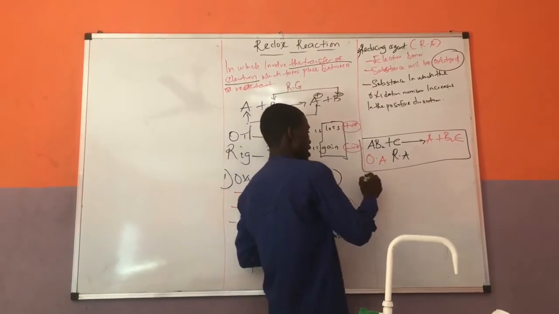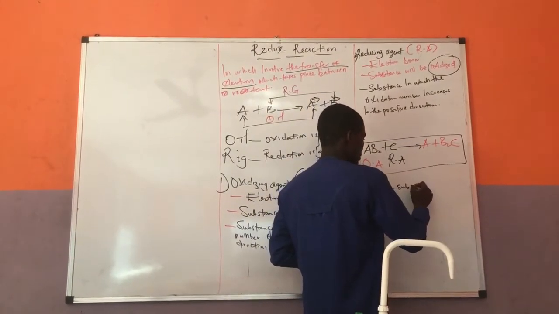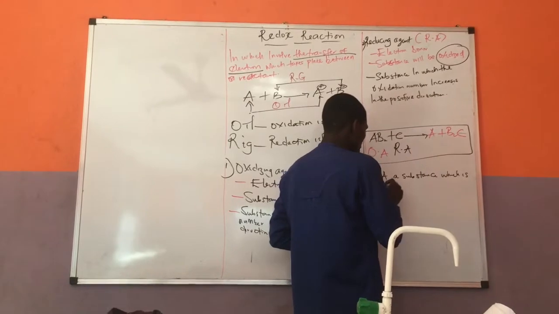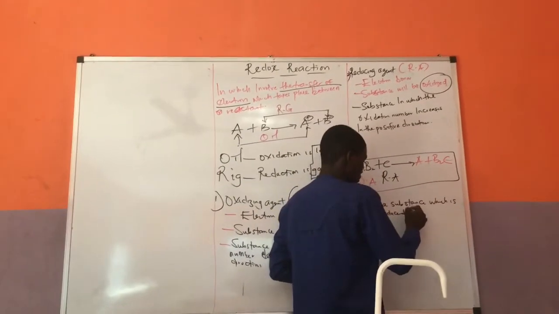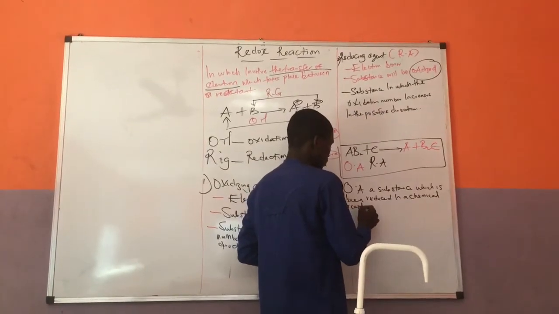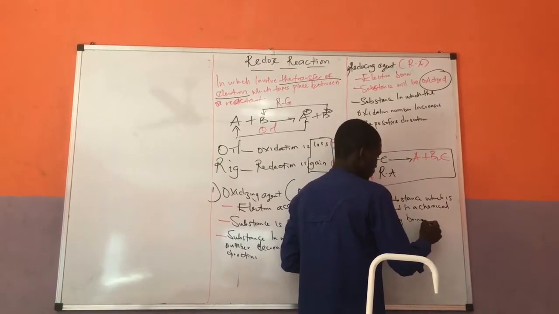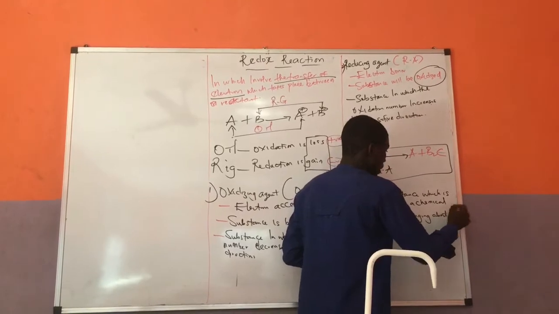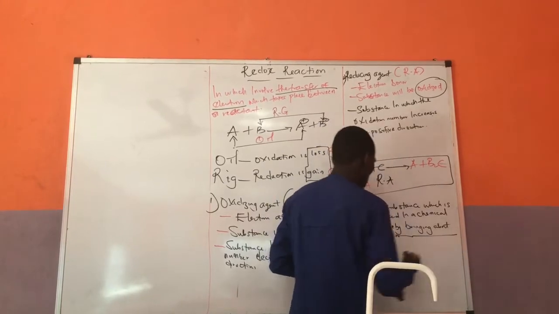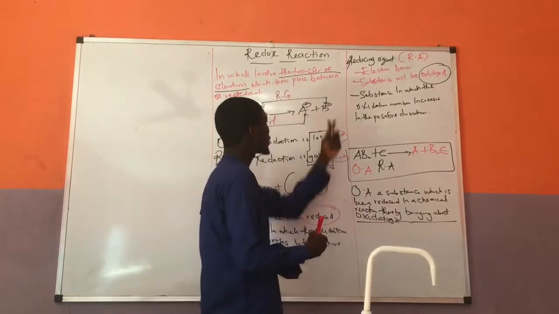So you can say my OA, oxidizing agent, is a substance which is being reduced in a chemical reaction, thereby bringing about oxidation. This is another definition of oxidizing agents. So let's take a look at this now to define our reducing agents.